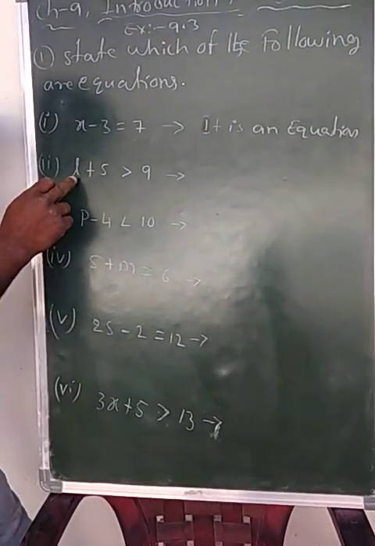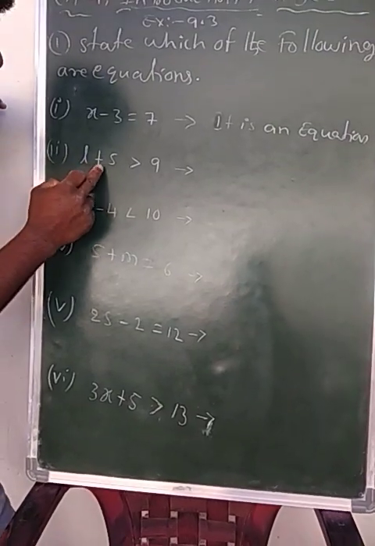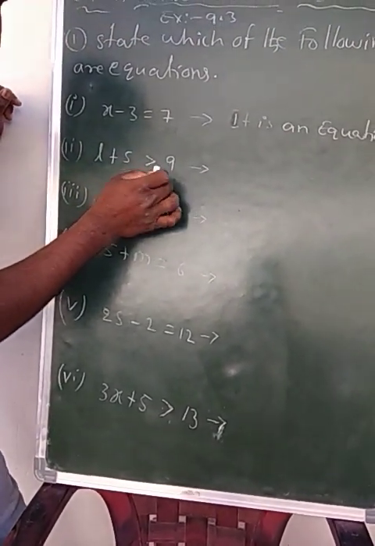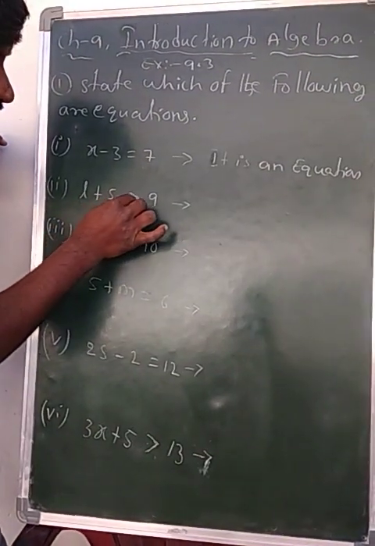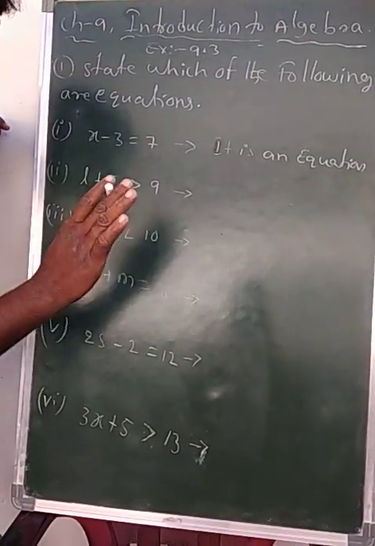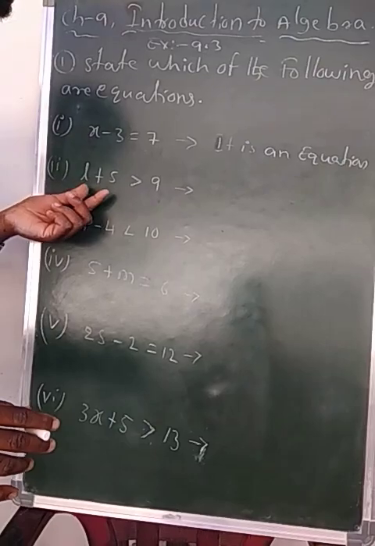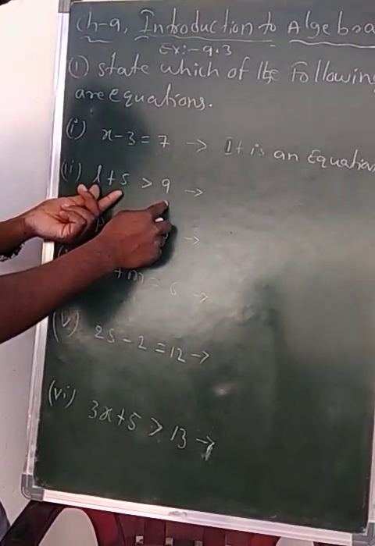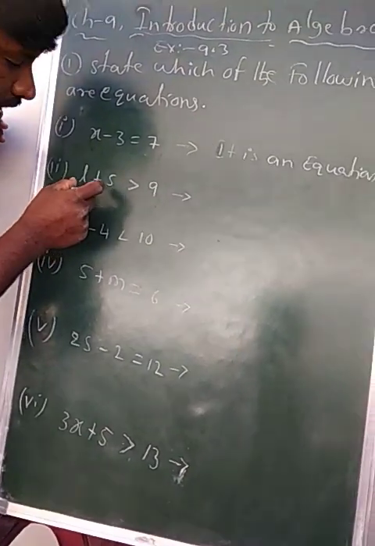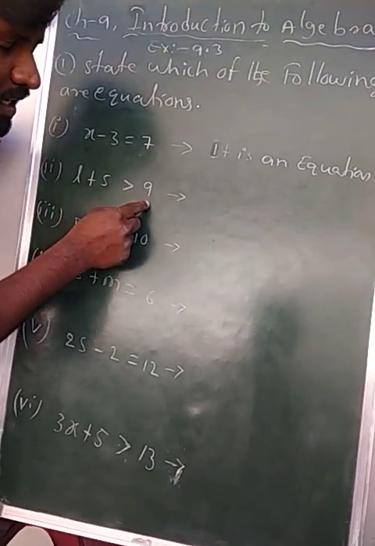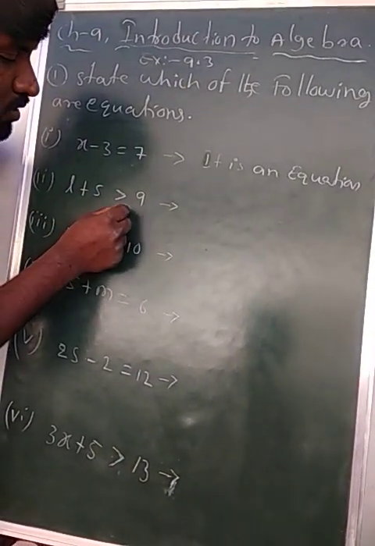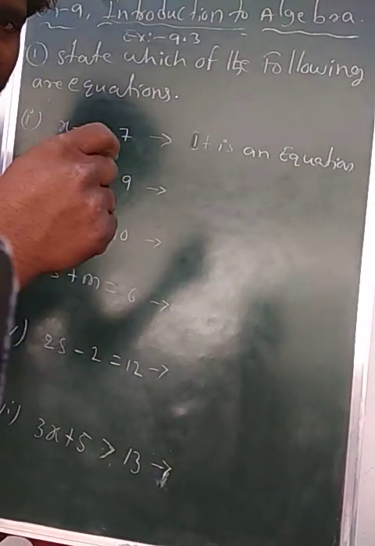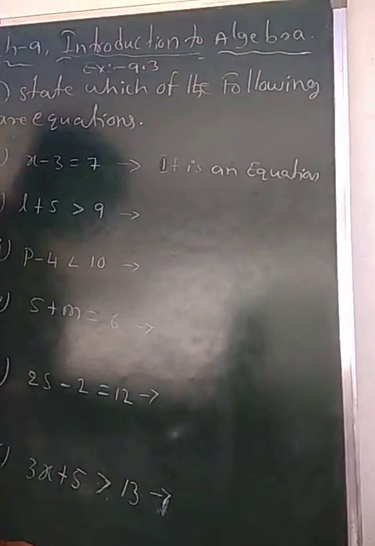Now see the second question: L plus 5 greater than 9. So this is not an equation because clearly LHS is not equal to RHS. If LHS is not equal to RHS, we do not get an equation.